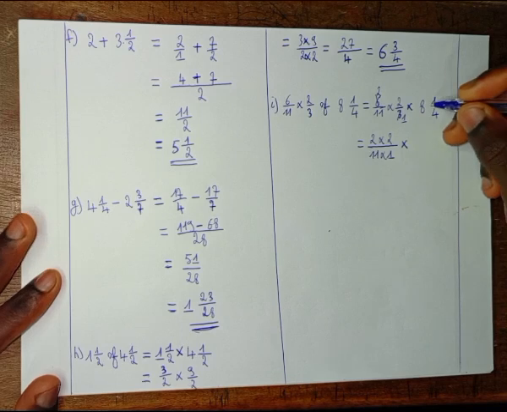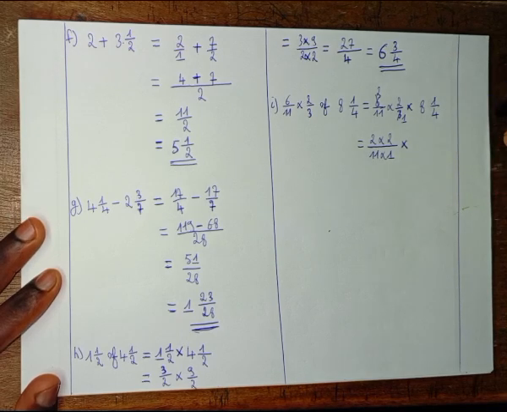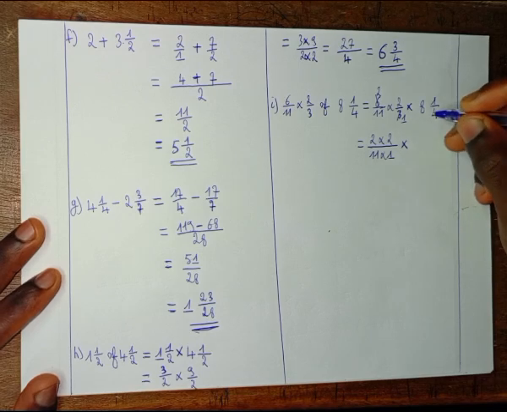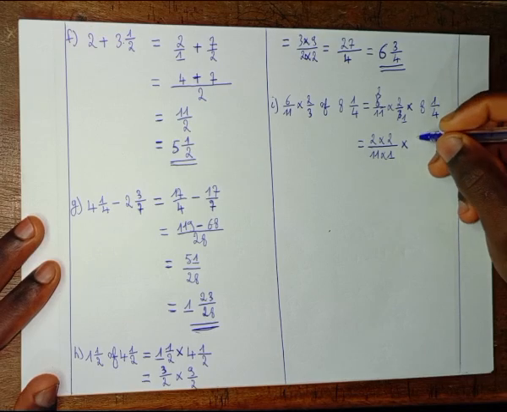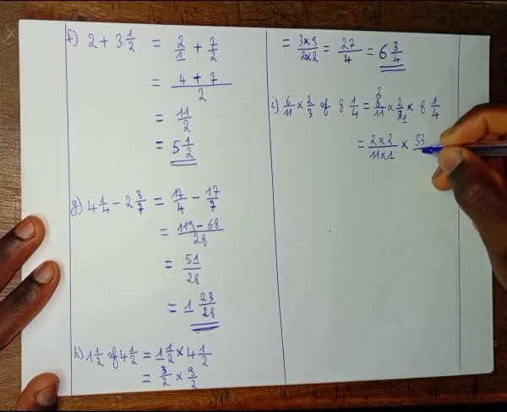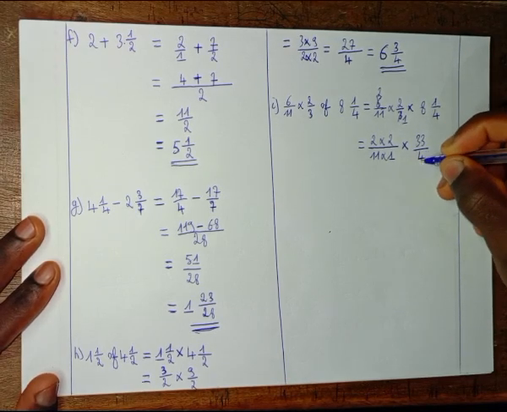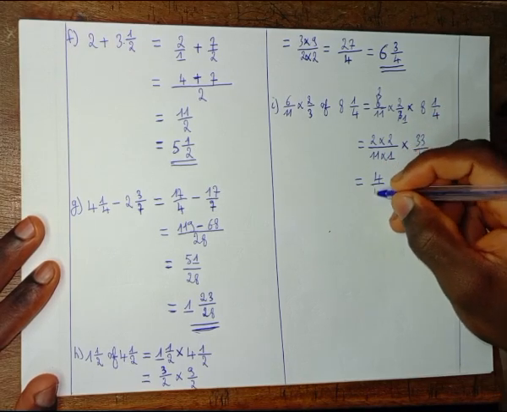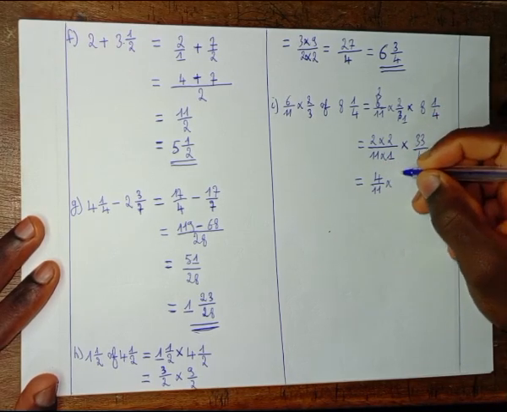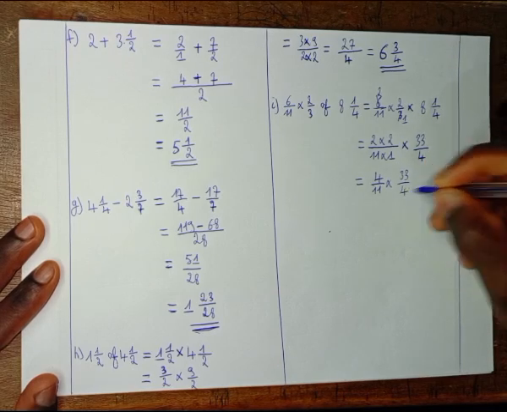Next, we have to convert this mixed fraction to an improper fraction. We take 4 times 8, which gives us 32. 32 plus 1 gives us 33 over 4. So this will give us 2 times 2, which gives us 4 over 11 times 33 over 4.